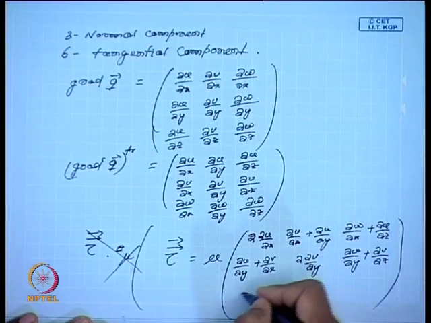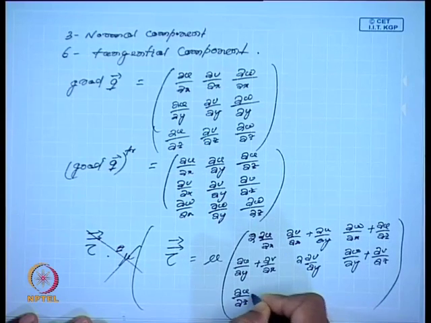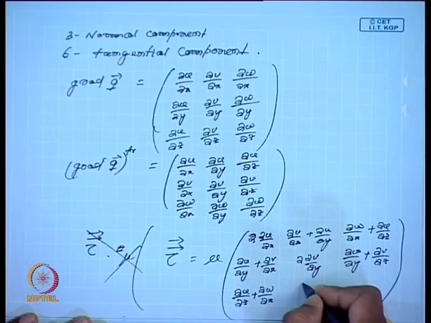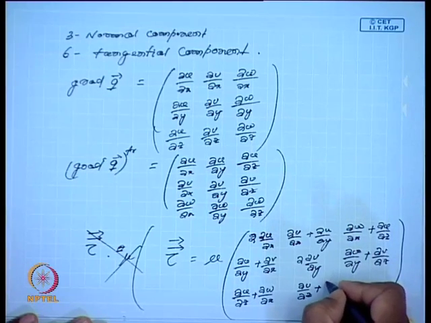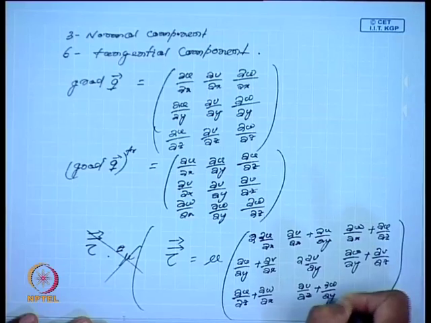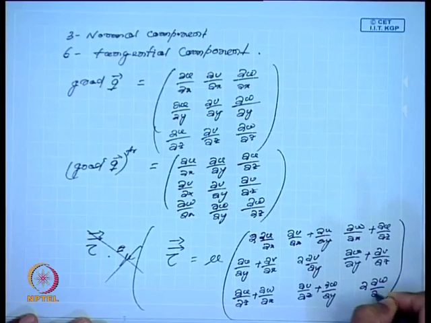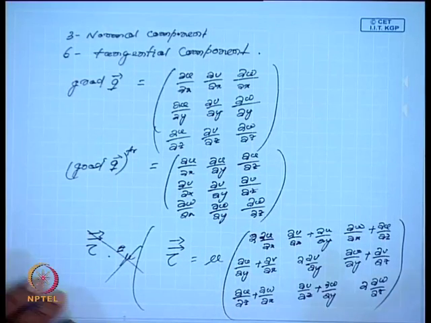And then the third component will be del u by del z plus del w by del x. Then we have del v by del z plus del w by del y, and it is 2 times del w by del z. So these are the normal components and these are the tangential components.